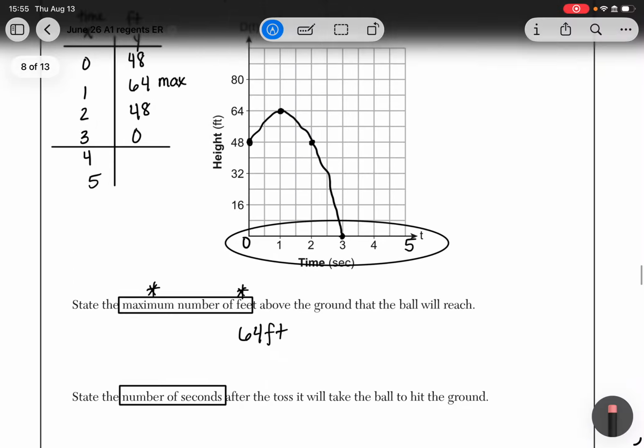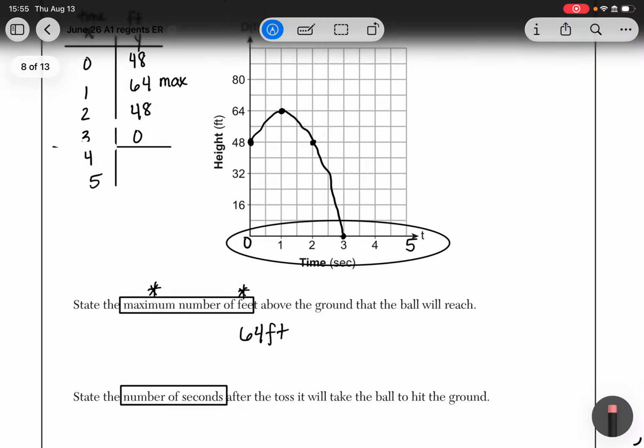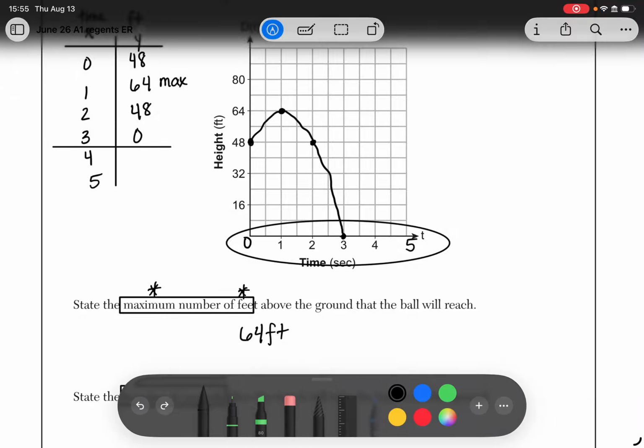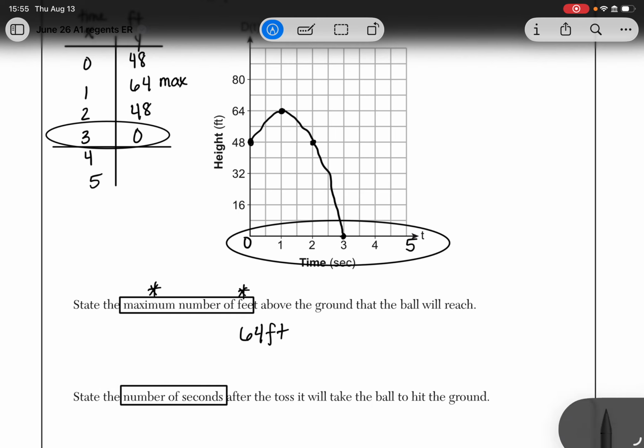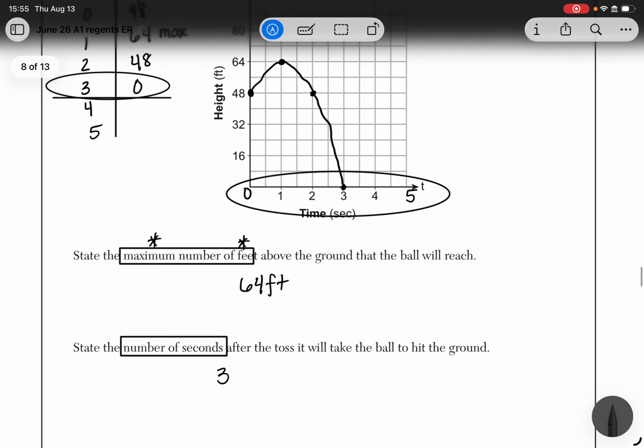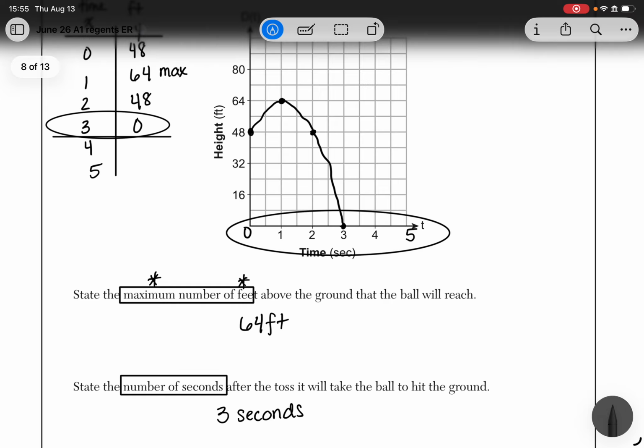The only place where y is 0, so hitting the ground, would be 3. So it's going to take 3 seconds for the ball to hit the ground. Which we can also see in our graph, because this point is 3, 0. And then our max here is 64.